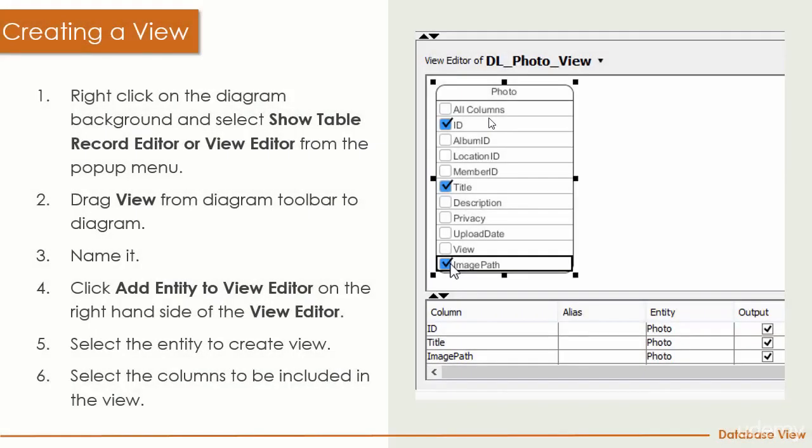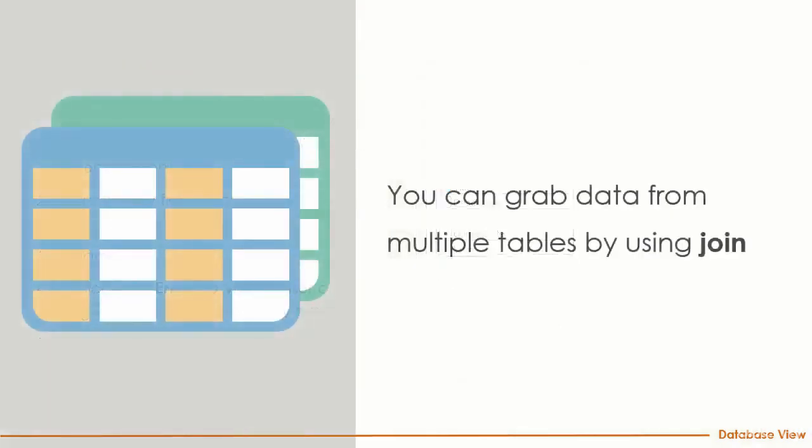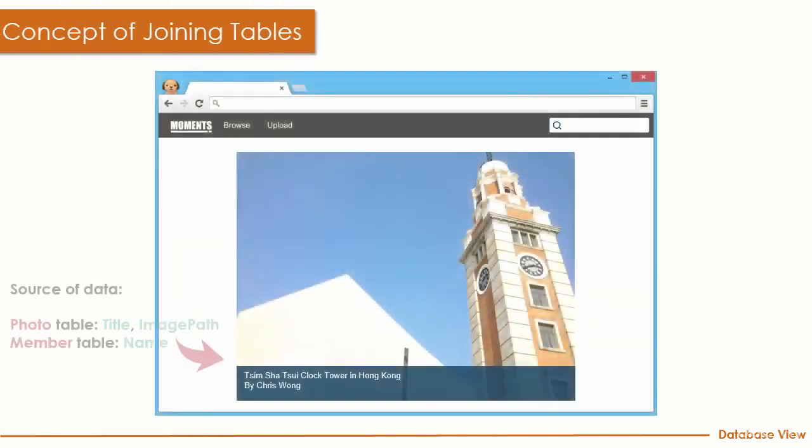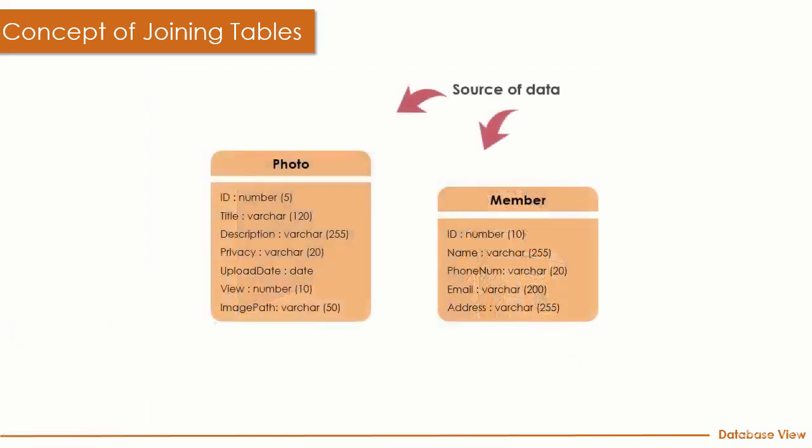I just showed you how to create a view for one table, one entity. But you can also use the view to grab the data from multiple tables that use the join. And this is another example. We can use the view showing the photo. You see we show the title, and also we show the uploader, the name of the member who uploaded the data. In this case, we need 2 tables.